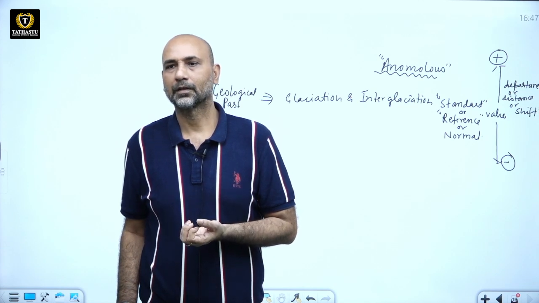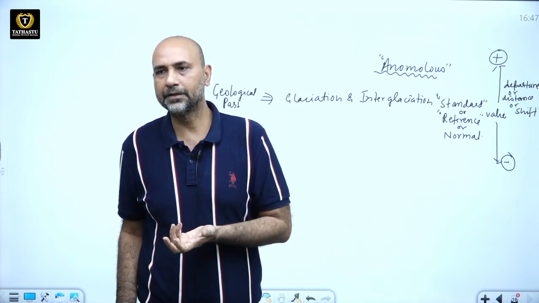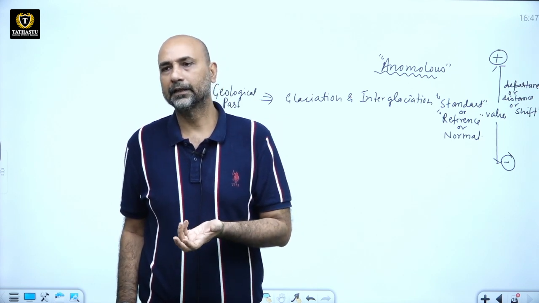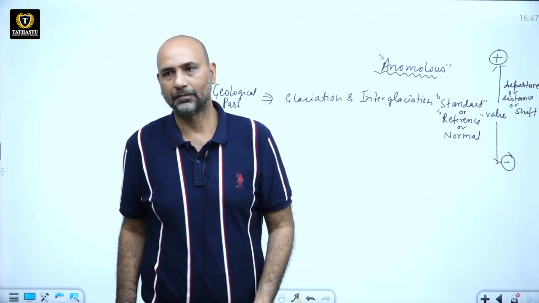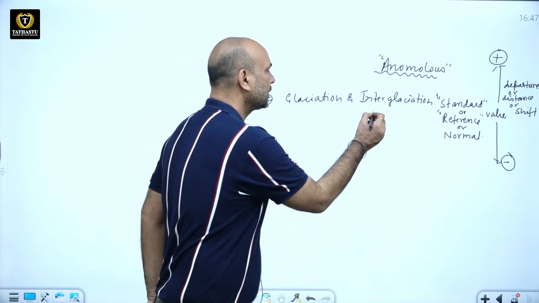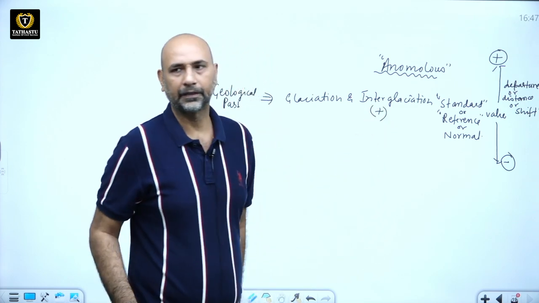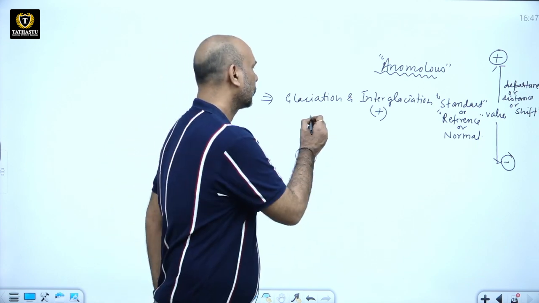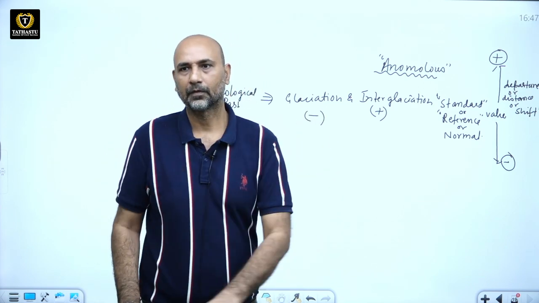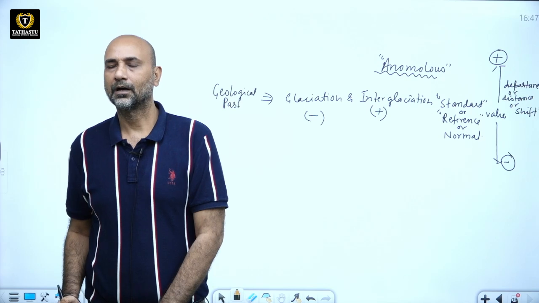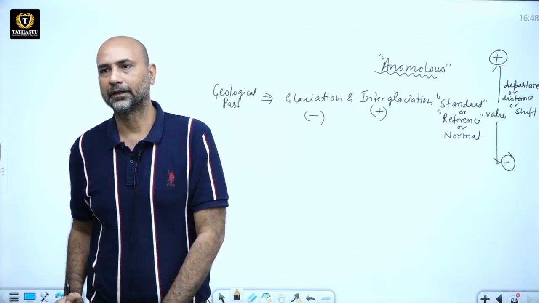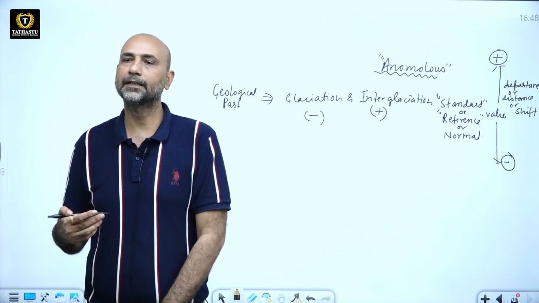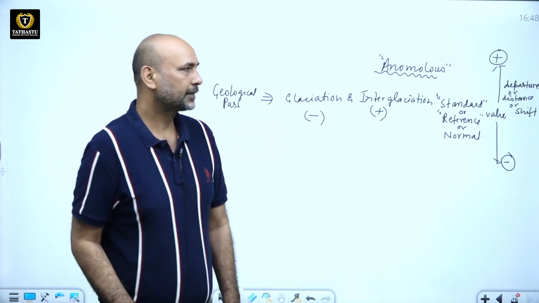Rise is called positive anomaly and the fall is called negative anomaly. Like here, what is positive anomaly? Interglaciation period. What is negative anomaly? Glaciation period. If ice age sets in, Earth will go for negative anomaly.